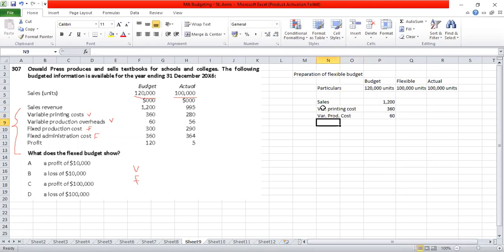Then we have fixed production cost, which is 300. Then fixed administration cost, which is 360. These are the things. So now what is the profit? Profit is sales minus all the costs.